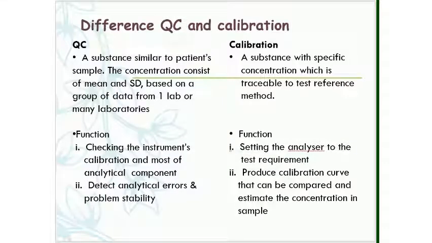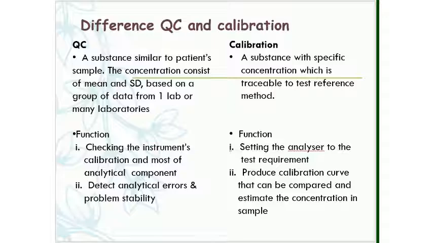So let us see what is the difference between QC and calibration at this stage. I don't want you to get confused between QC and calibration or calibrator. So QC is a substance similar to patient sample. The concentration consists of mean and SD based on a group of data from one lab or many laboratories.